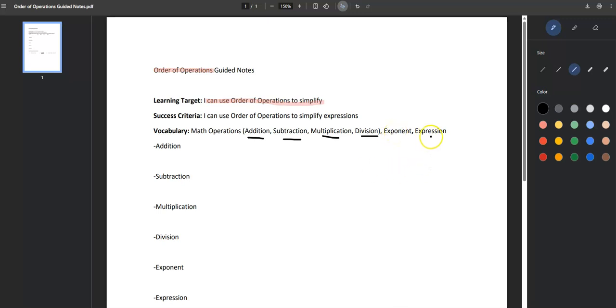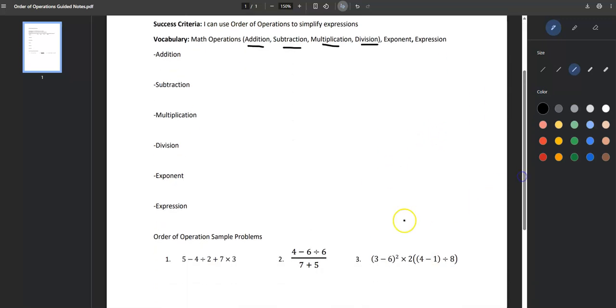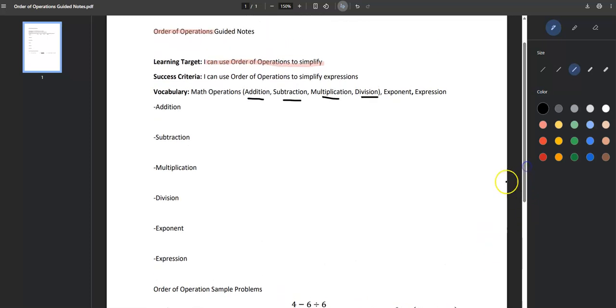And then our expression is what we're going to be simplifying. That's a group of numbers that have been separated with different mathematical operations, like what you see down here at the bottom. These three problems would be what we call an expression.